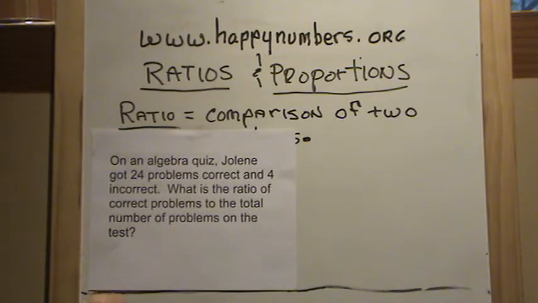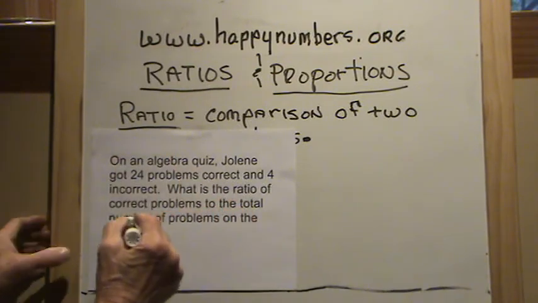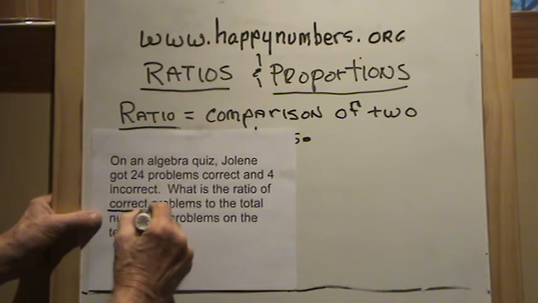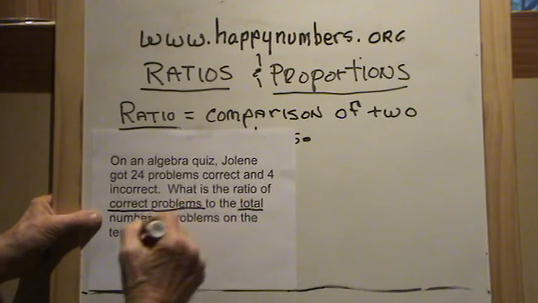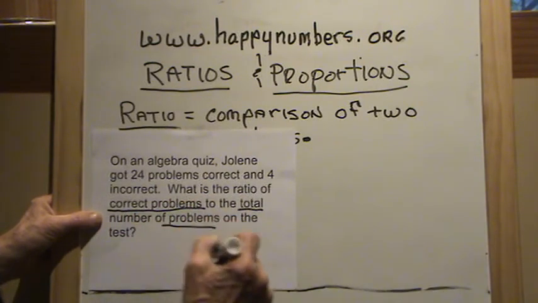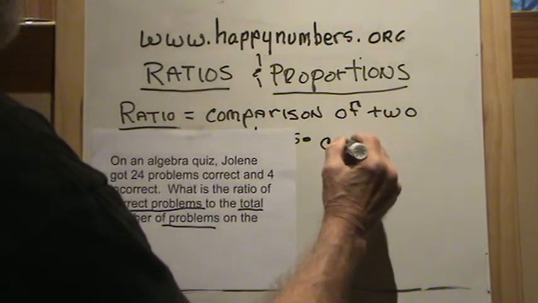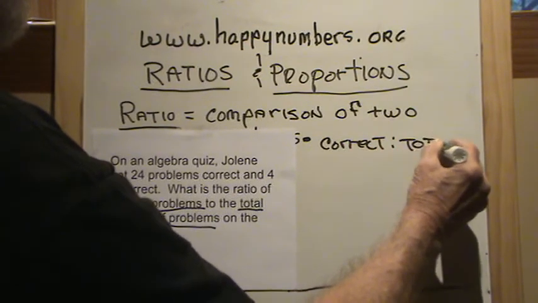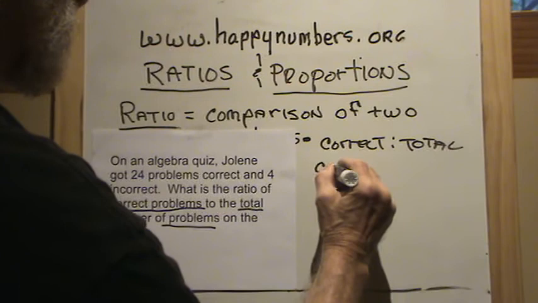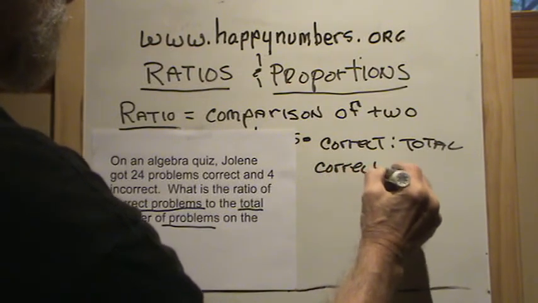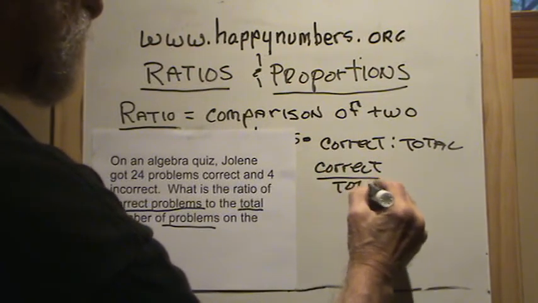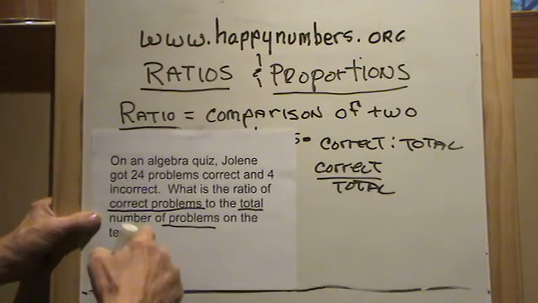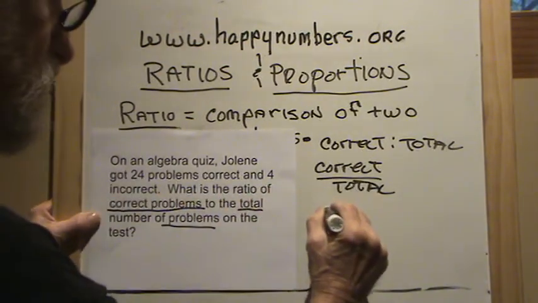Okay, let's see. So now we want to know the ratio of correct problems to total problems. Correct is to total. Well, we know she got 24 problems correct.